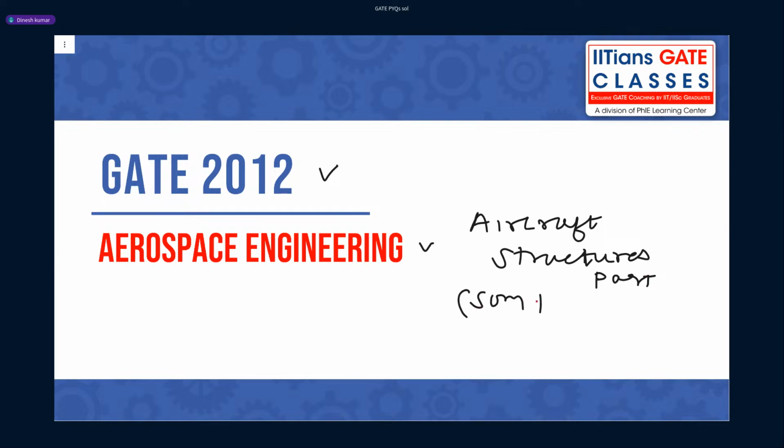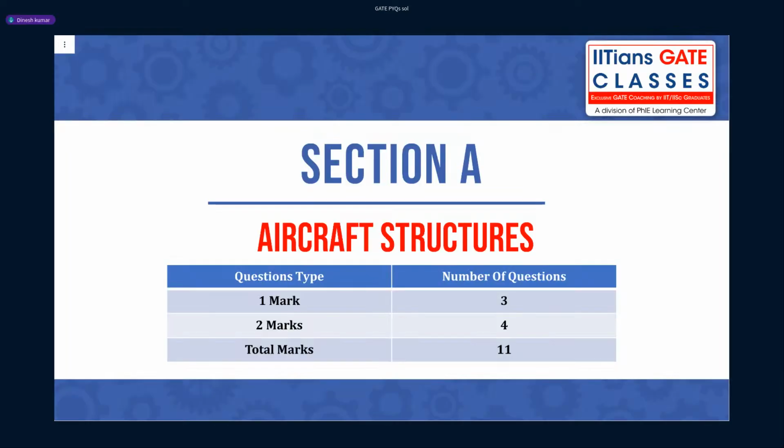One is SOM, and second is thin walled structures part. In the 2012 paper, they asked very few questions from the thin walled part of aircraft structures, and most of the questions are theoretical except one numerical.